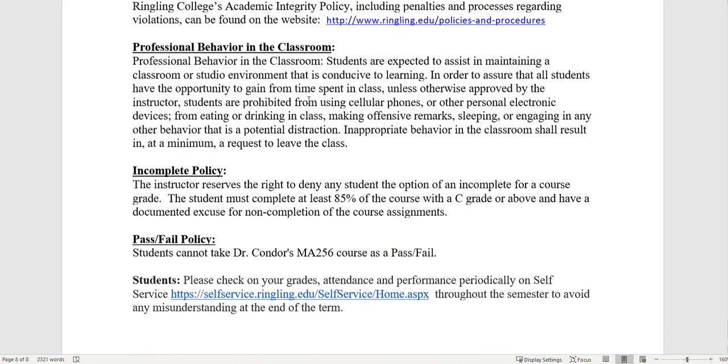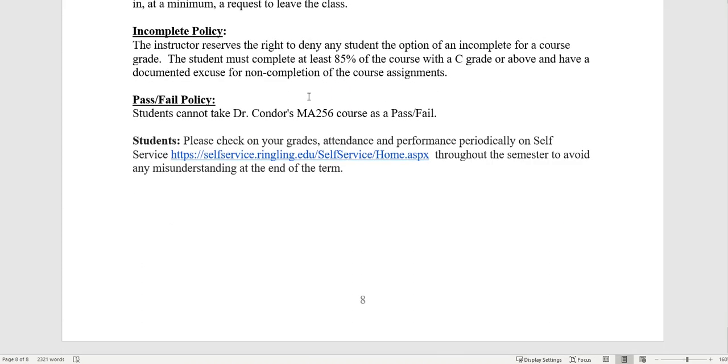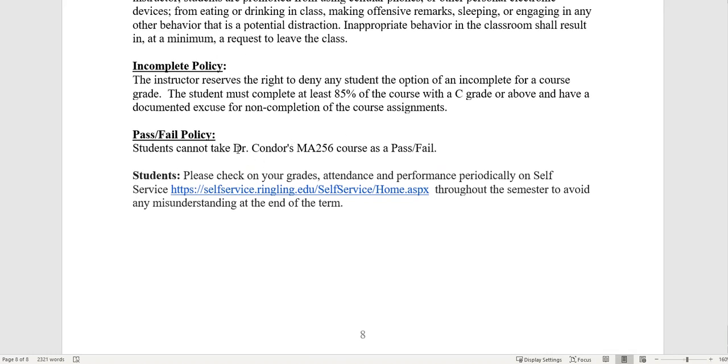Okay, so this stuff you can just read. Again, this is not a pass-fail course. In a traditional semester, again, I never know what changes there may or may not be during something like a pandemic.